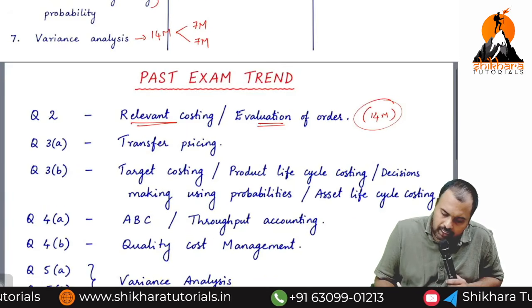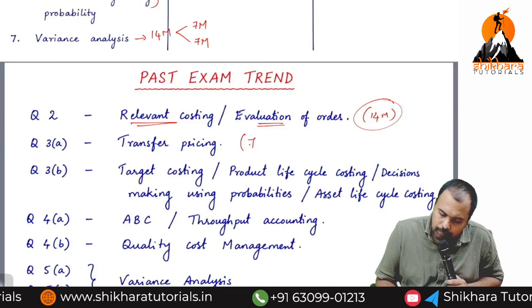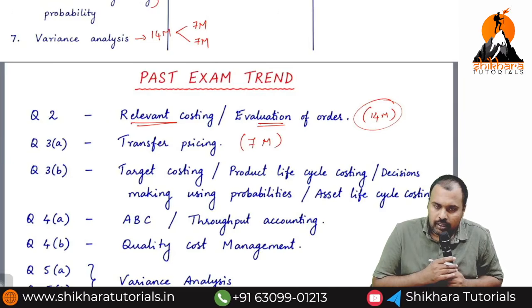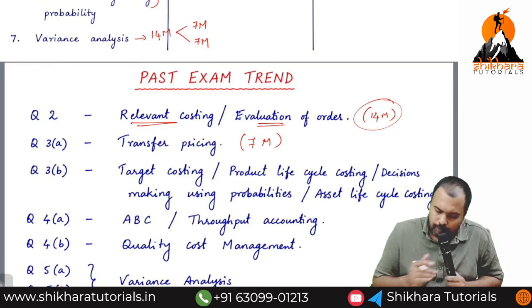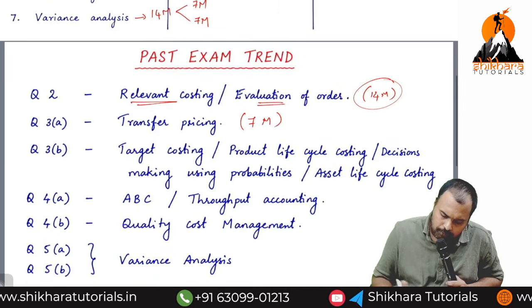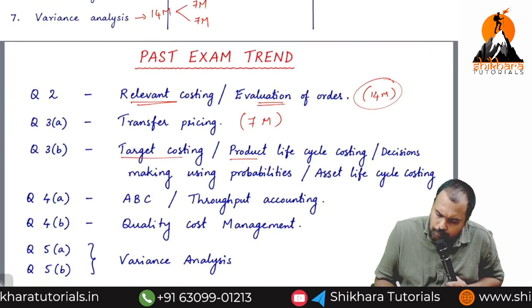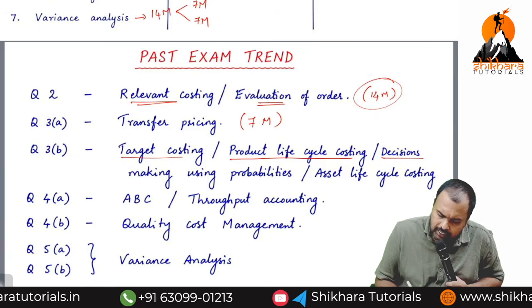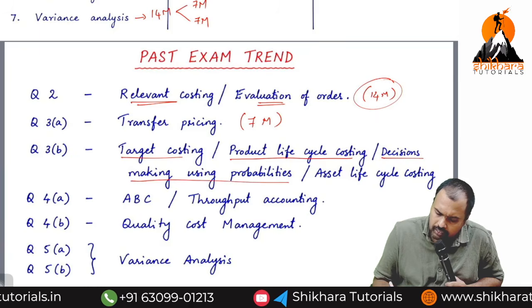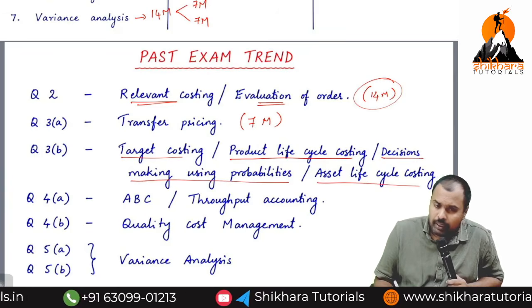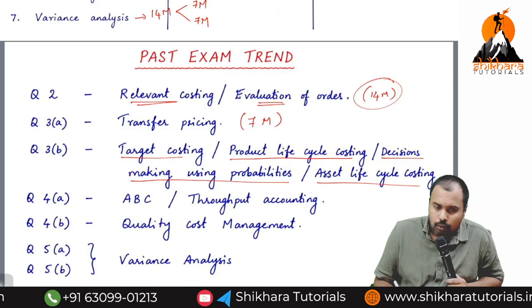And from 3A, it has to be transfer pricing. So it's a compulsory question for 7 marks. And for 3B, it has to be from target costing, product life cycle costing, decision making using probabilities, and asset life cycle costing. Sir, don't think that these are too many chapters. They are very small topics.